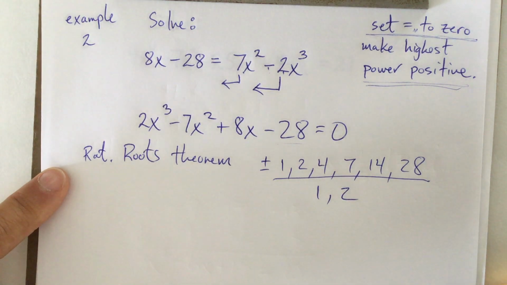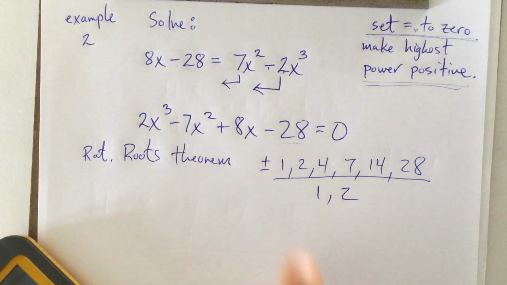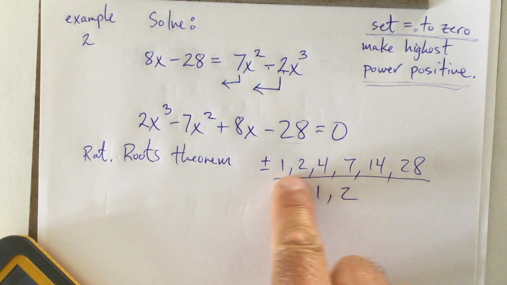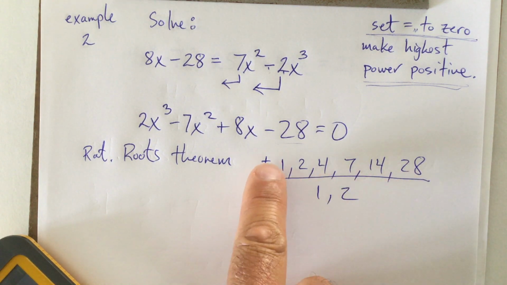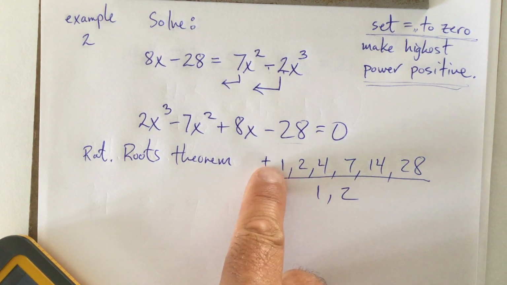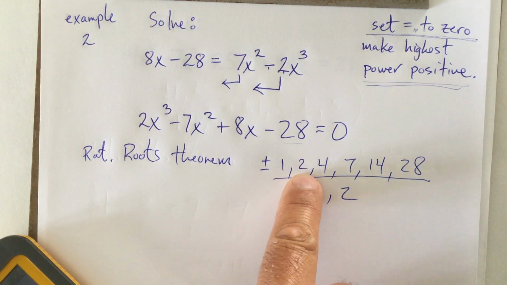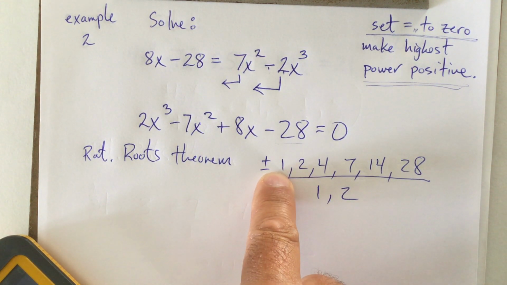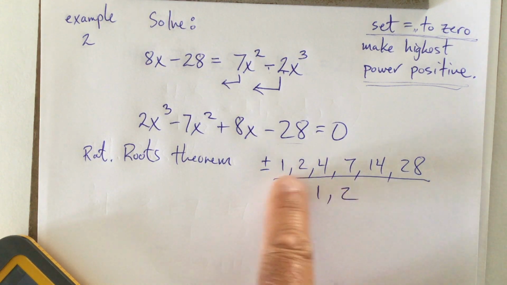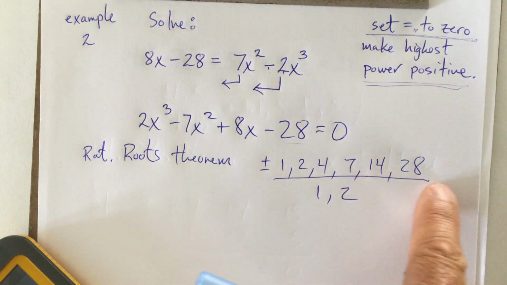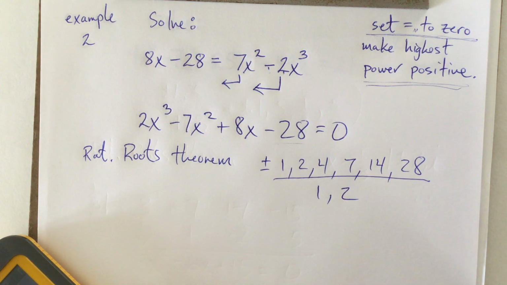Okay, so here's the deal, guys. I know that any of these could be a possible choice, but what about this? What about like 1/2? What about 2/2? Wait, 2/2 reduces to 1, so I don't need to count that. So 1/2, and then there's only one other combination here that isn't already, you see it?